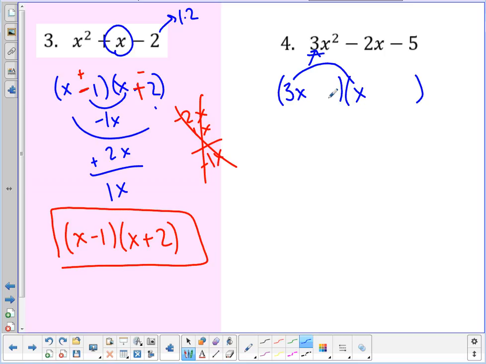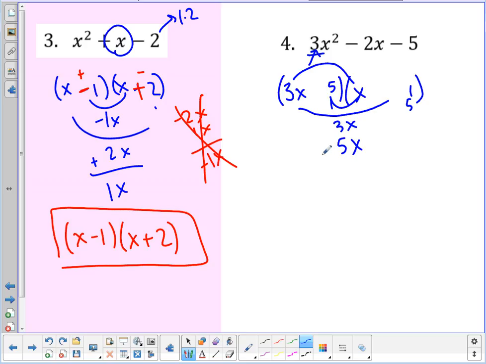Now, I have to be strategic about how I get the 5, because I'm going to need negative 2 in the middle. So I know I could have either a 5 and a 1, or a 1 and a 5, and I could have a plus or a minus. Those are my options there. If I do 5 and 1, I'll have a 3x on the outside and a 5x on the inside.